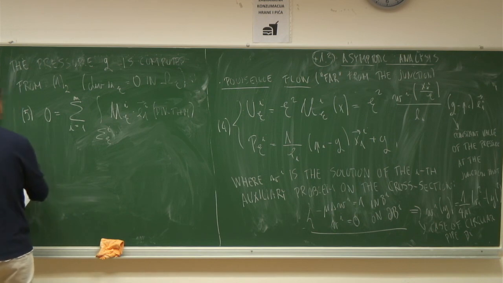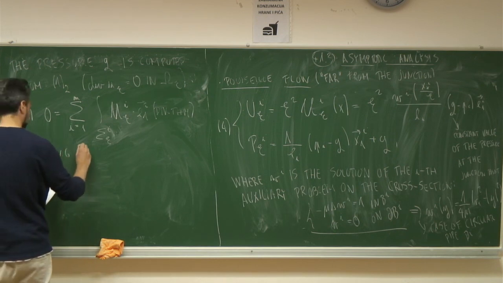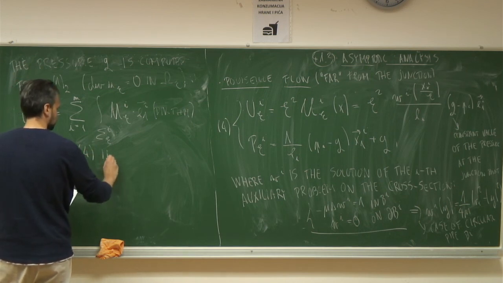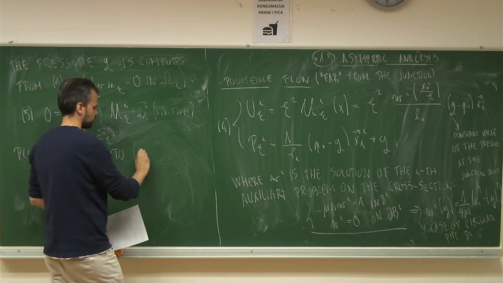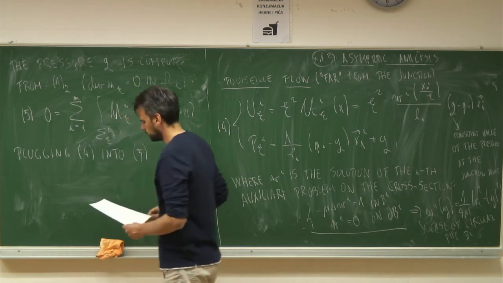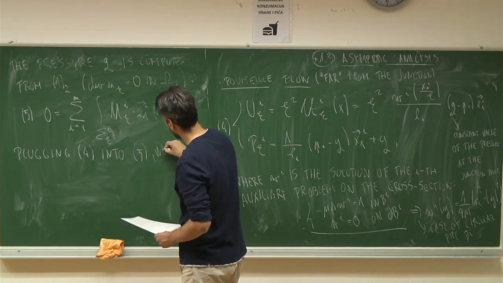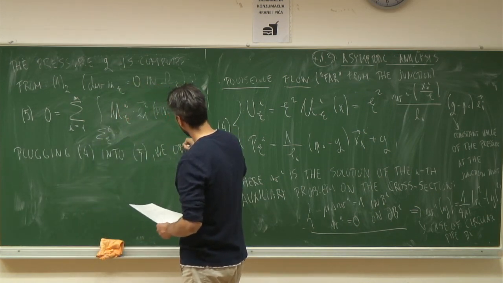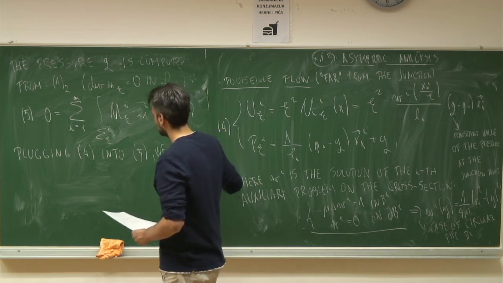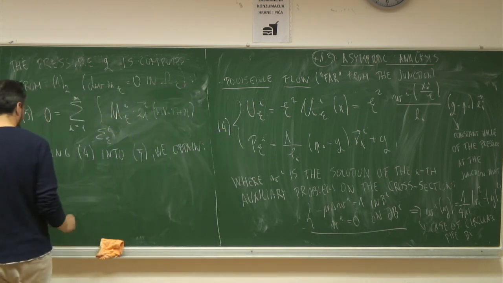Okay, and now plugging 4 into 5, you obtain the following. So of course this is for the case of circular pipe.